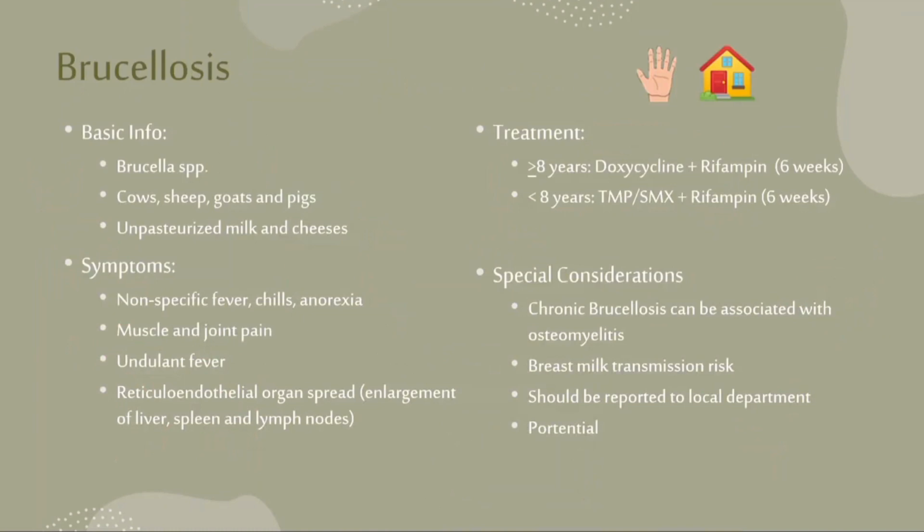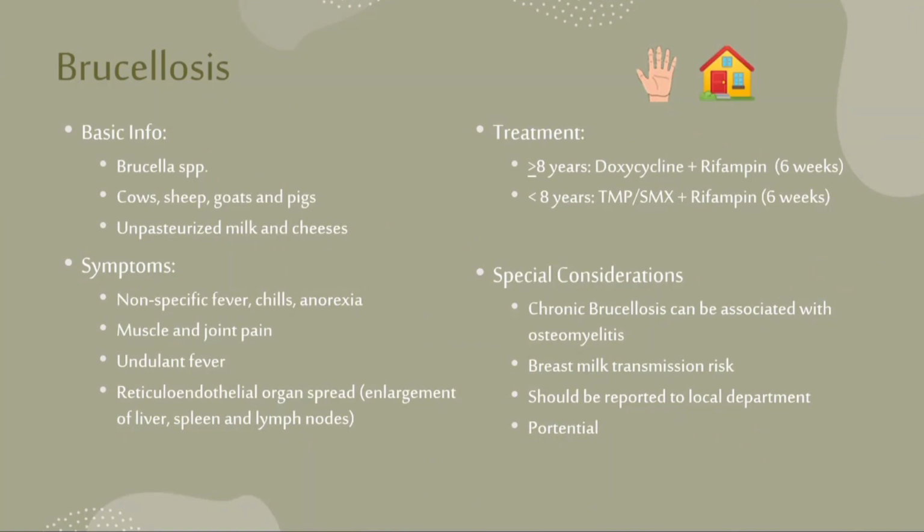So Brucellosis is the first one that we'll talk about. Just some basic info. There are multiple species of Brucella bacteria. We commonly see that they are in cows, sheep, goats, and pigs. So any kind of farm animals and the animals that you would be petting at the petting zoo.